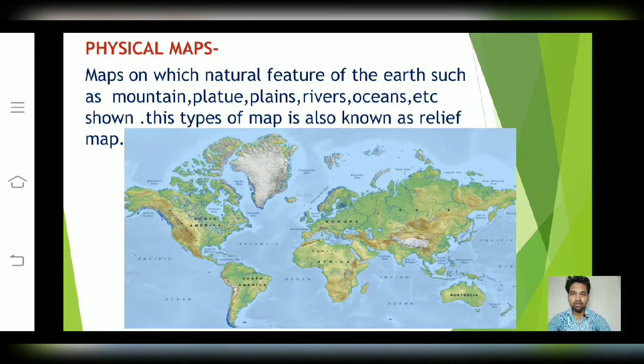So I hope you understand the purpose of colors used in a physical map.